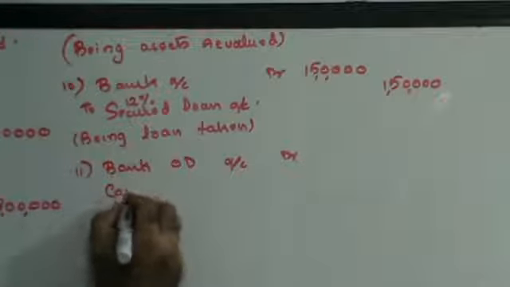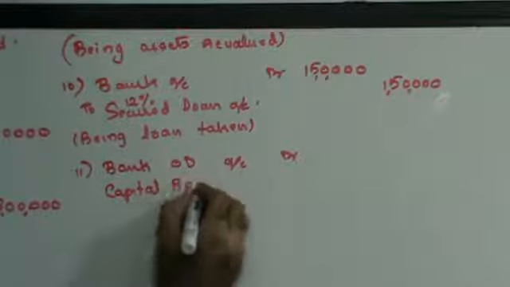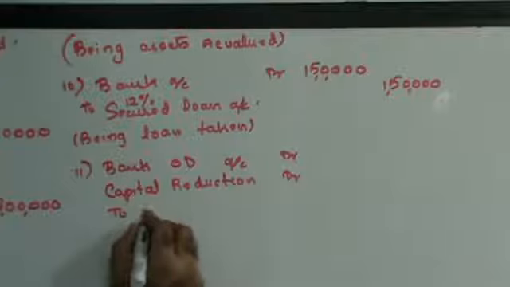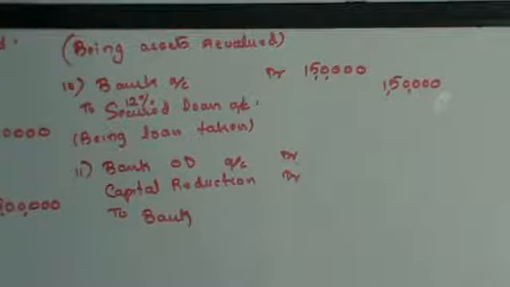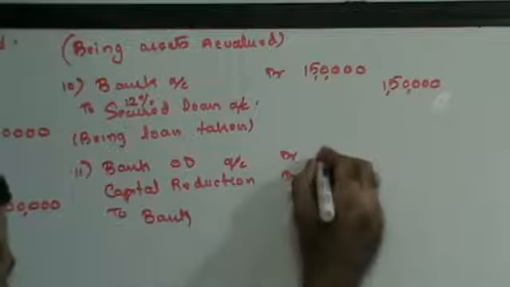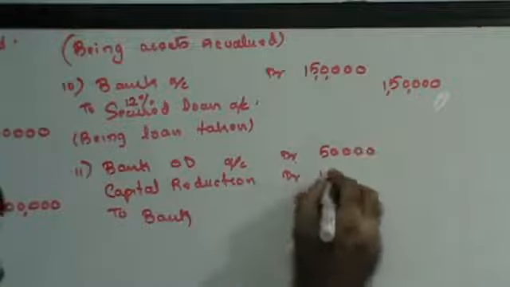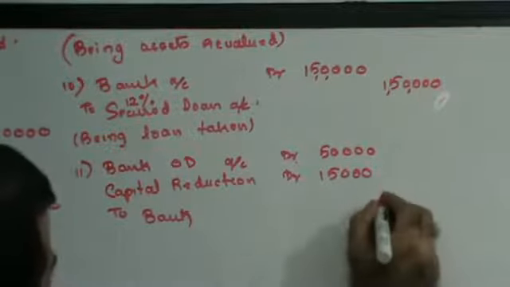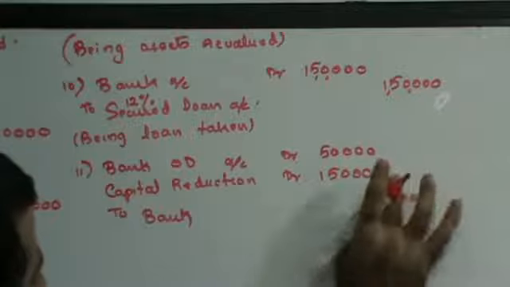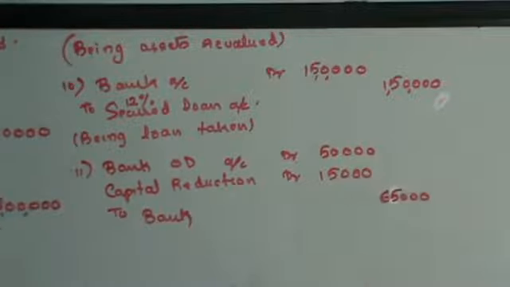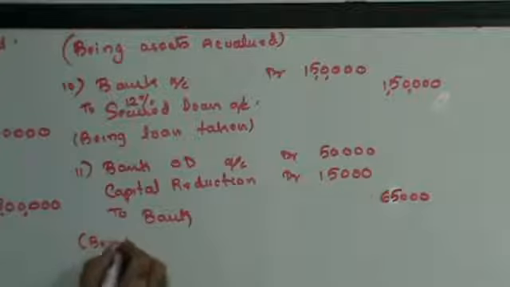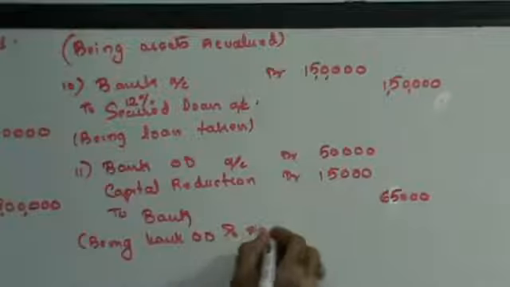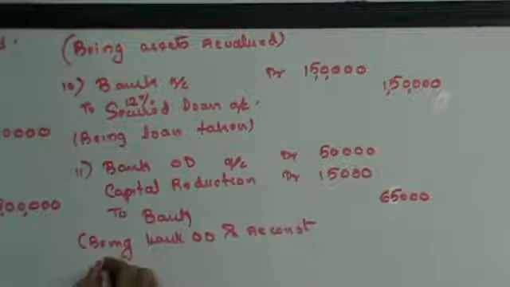Instead of that, I'll write capital reduction account debit to bank. Bank overdraft as per the balance sheet is 50,000. Reconstruction expenses they've given you is 15,000. So that will be 65,000. Being bank overdraft and reconstruction expenses paid.